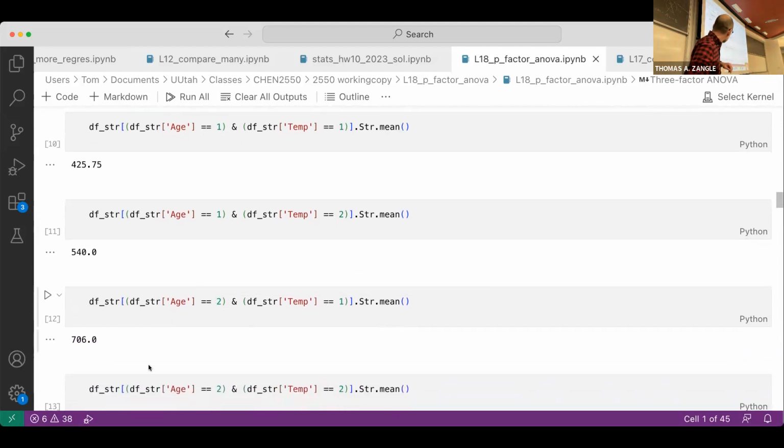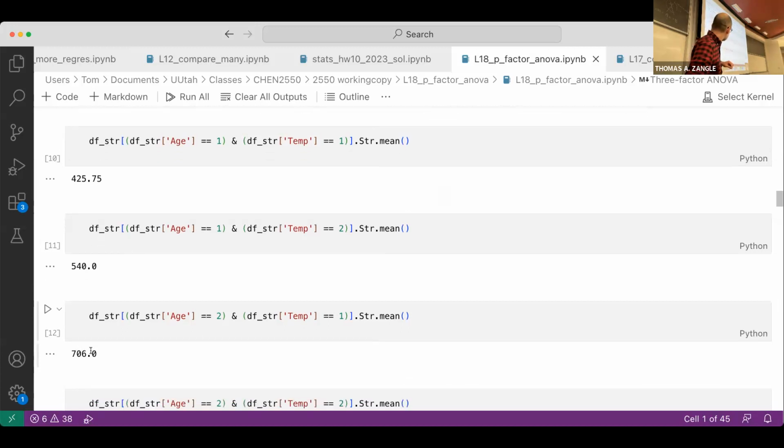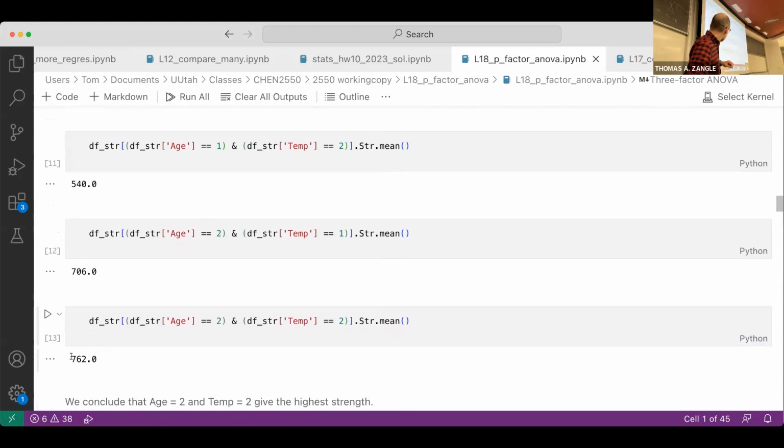For age 2, temperature 1, over our base case we've increased the age, and comparing 425 to 706, we see that age also appeared to increase the overall strength. And then combining them, when we combine both age and temperature together, we see this max of 762. So it's higher than both.